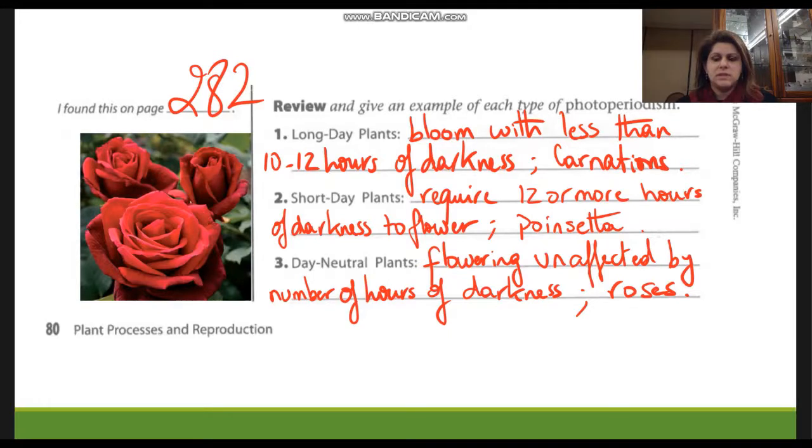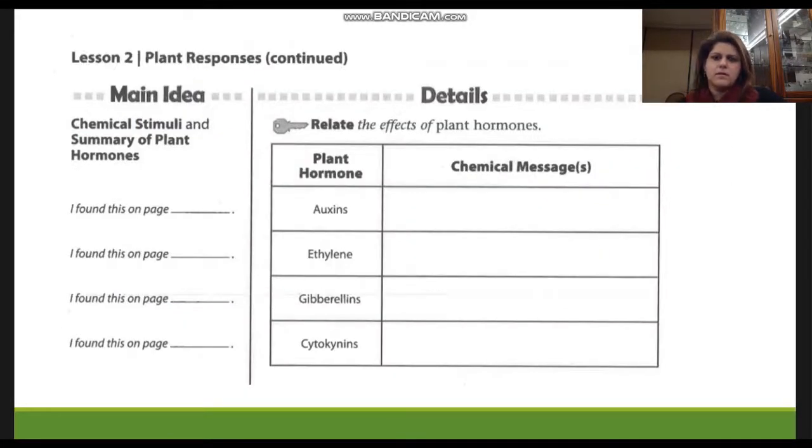So this is page 80. Let's move to page 81. Number 1. Relate the effects of plant hormones. You already know that you've been taught 4 different plant hormones: auxins, ethylene, gibberellins, and cytokinins.